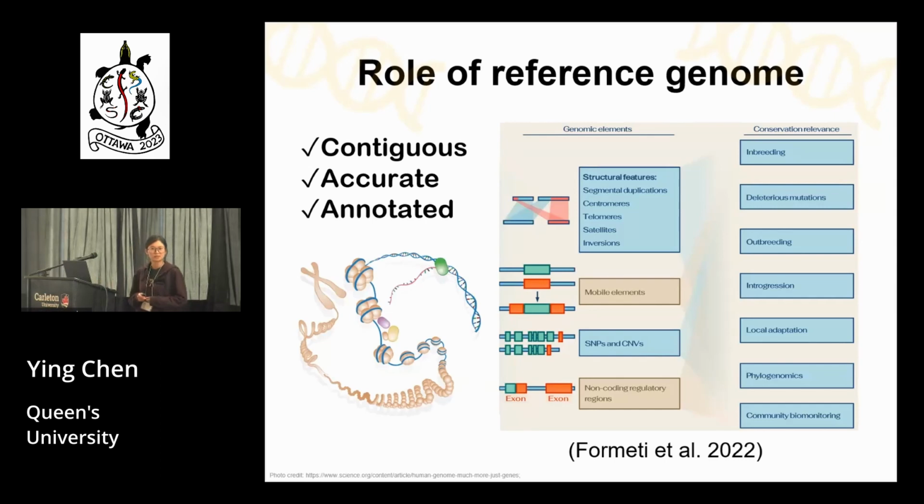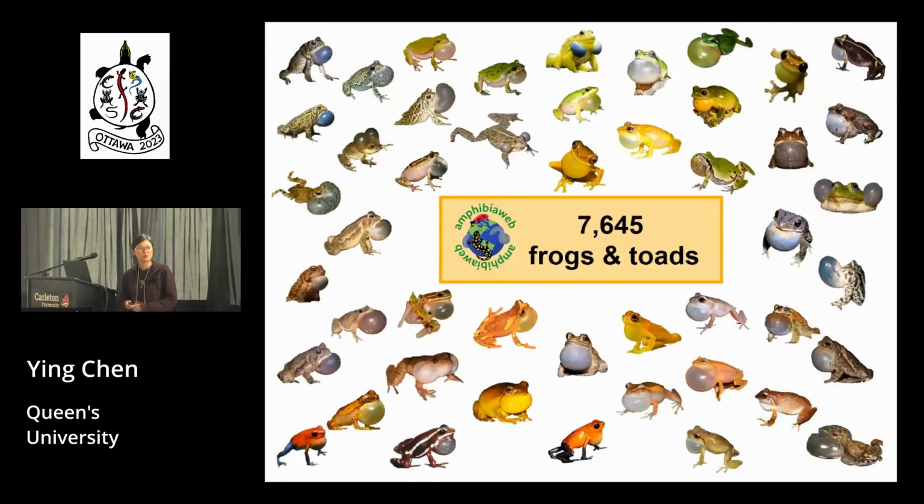However, generating a high-quality reference genome is a non-trivial task, and it's only in recent years that it's become possible for non-model species. We have over 7,000 frog and toad species, according to AmphibiaWeb. And every year, new species are described, often with genetic evidence.